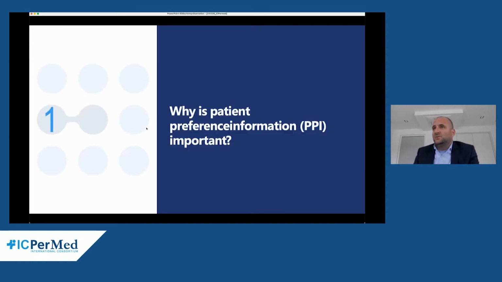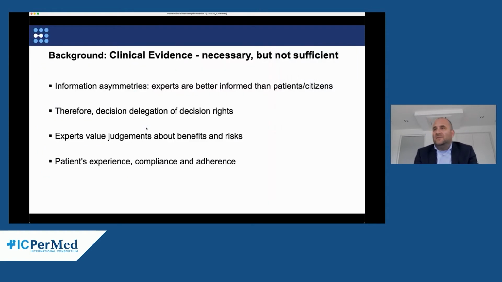So the question is, why is patient preference information so important? Why should we listen to patient preferences? Why should we incorporate the perspective, the needs and wants of the people confronted with a certain disease? Well, usually we delegate these decisions.